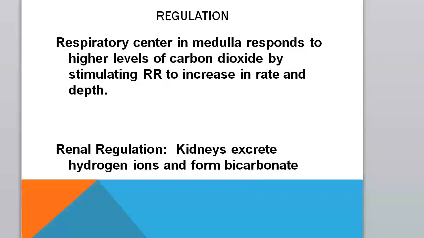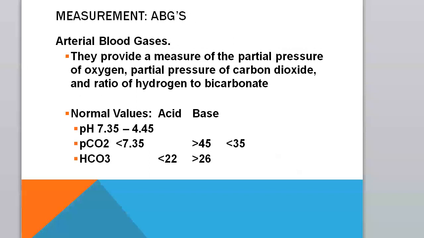So here's what we're looking at now when we're talking about arterial blood gases. They provide a measure of the partial pressure of oxygen, the partial pressure of carbon dioxide, and the ratio of hydrogen to bicarbonate. These are their normal values, and I'm going to talk a little more about this in depth. A lot of the students will ask, what range of bicarb should we use? Use whatever is in your book, and that range is, I think, 22 to 26.